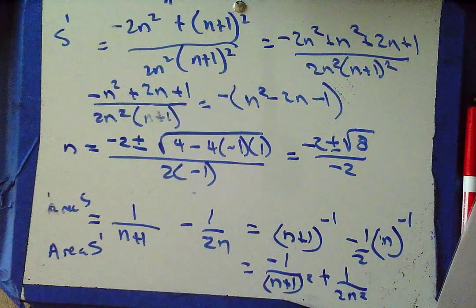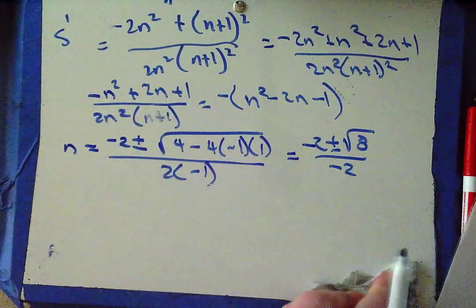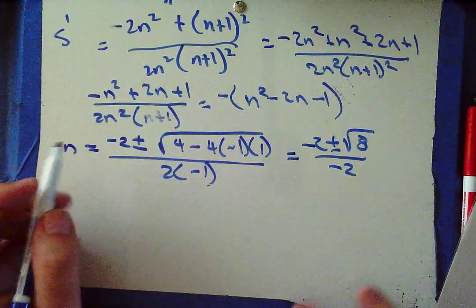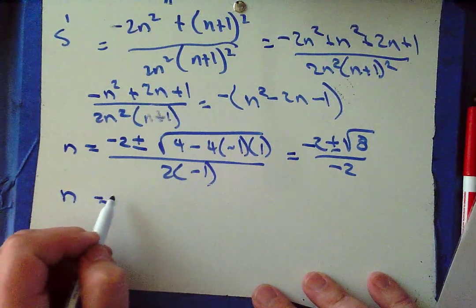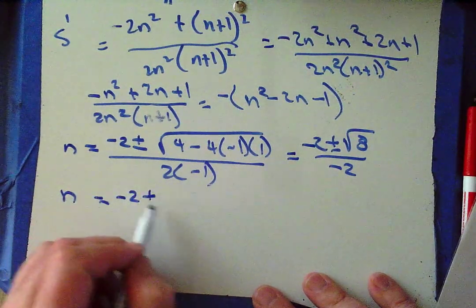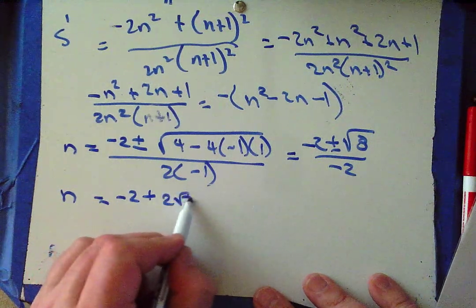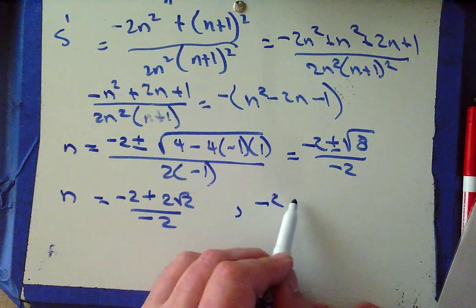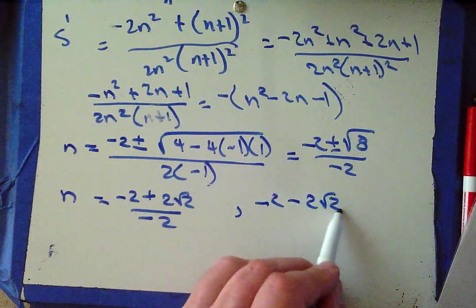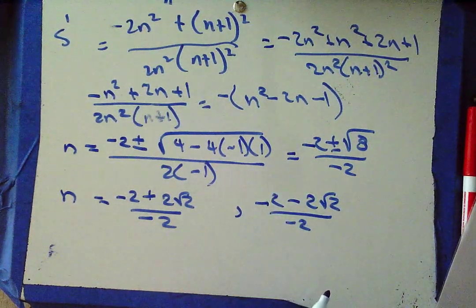Okay. This is an exciting algebra experience. n equals negative 2 plus 2 root 2 over negative 2, negative 2 minus 2 root 2 over negative 2.